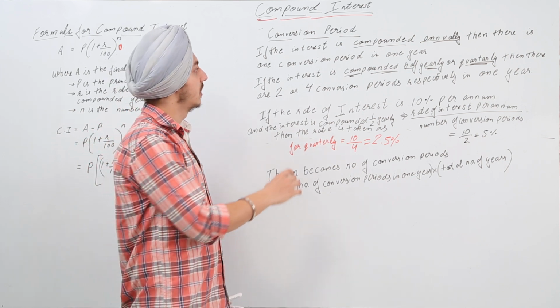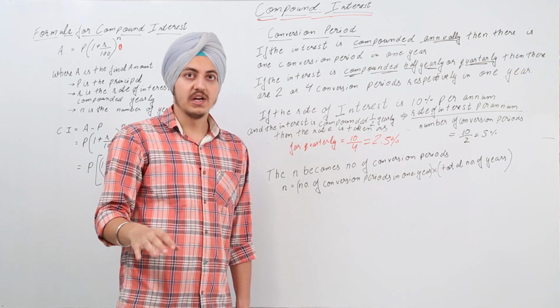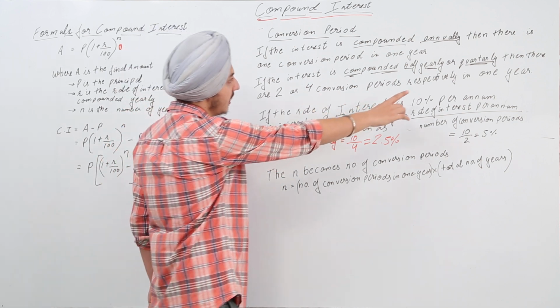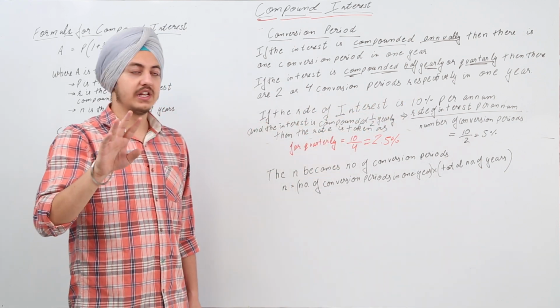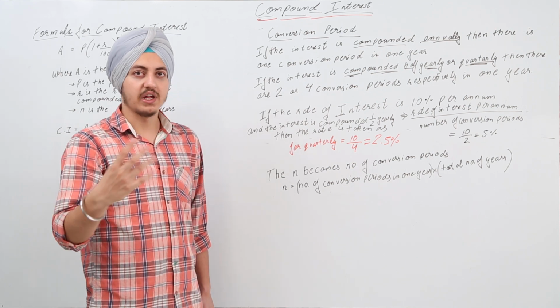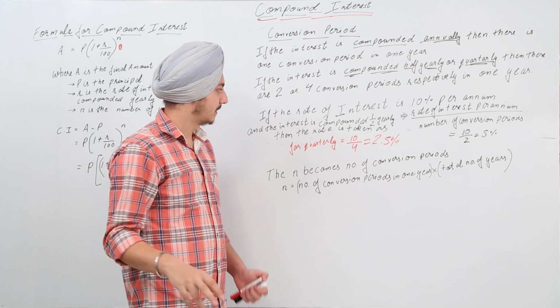If the interest is compounded quarterly, then we have 4 conversion periods in 1 year.